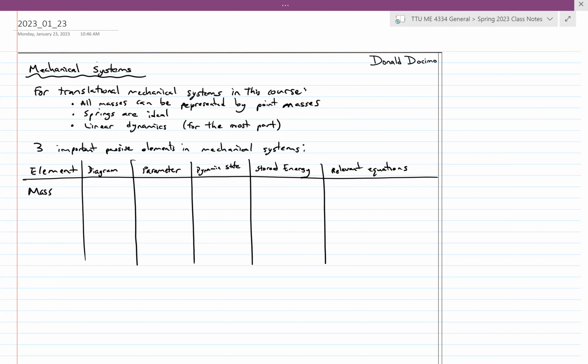All right, so for a mass, typically I'm going to represent it by some sort of square, rectangle, or just a point. The parameter that is associated with a mass is literally the mass, units of kilograms typically. Now let's skip over dynamic state for a second because we haven't talked too much about that in this class. What kind of energy is stored in a mass?